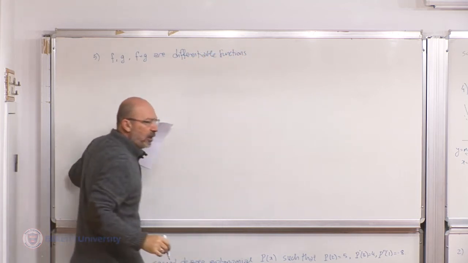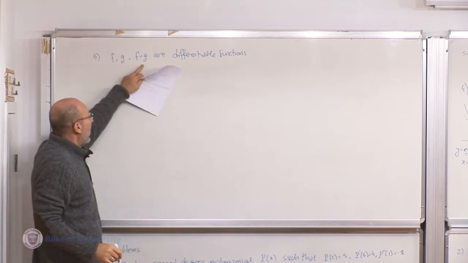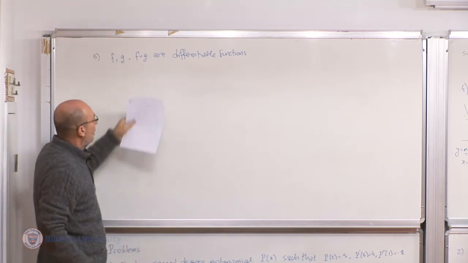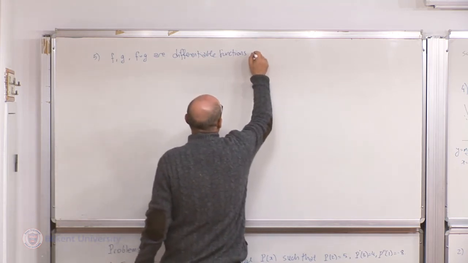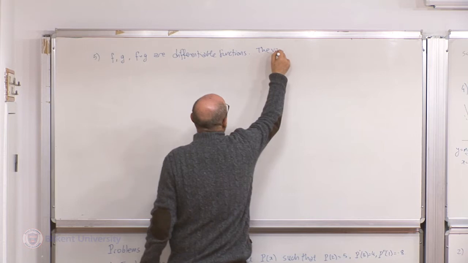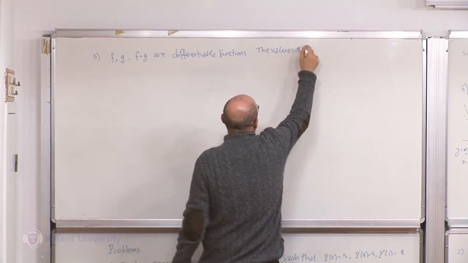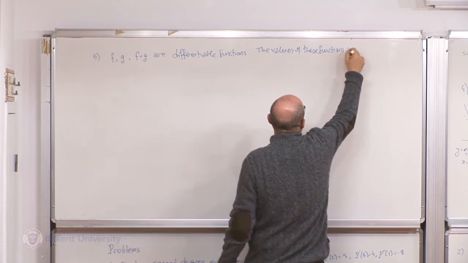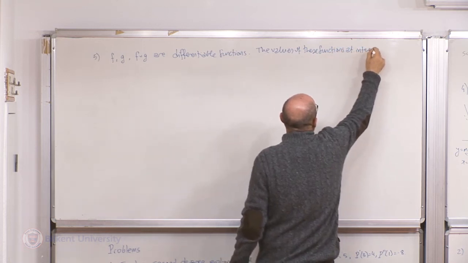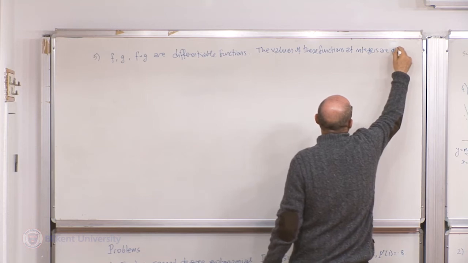Okay, so that's what we assume. So F composite G is defined. The values of these functions at integers are given as follows.